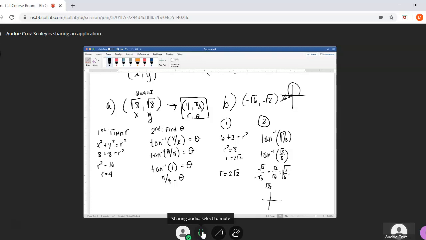How far did I travel? Okay, what is that? Yes, and that is the answer. So your r is 2 square root of 2, and your angle is 7 pi over 6. Is that okay?